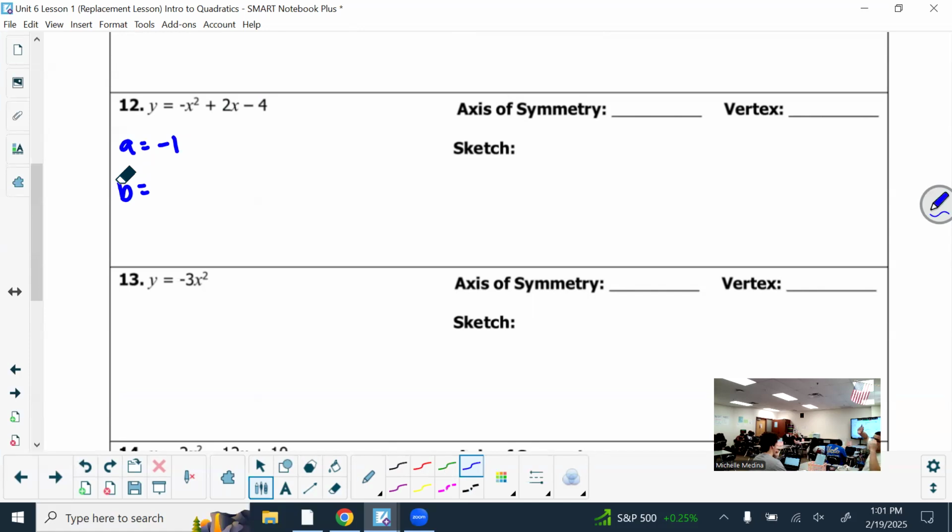All right, so what's the B? 2 is correct. Yes. And the C would be what? Okay, great. So then plugged into our axis of symmetry formula, Charles, what would it be plugged in if these are my A, B's, and C's?